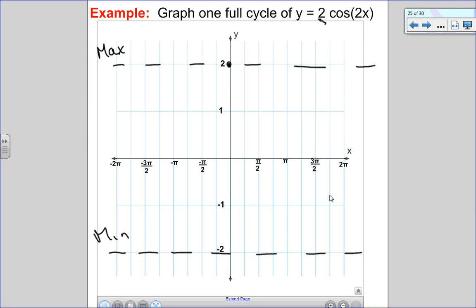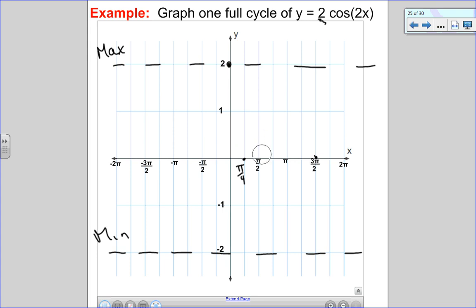Okay, let's think about the x-intercepts. You have to commit these to memory. Normally, the x-intercepts of cosine are at pi over 2 and 3 pi over 2. But I have a b value of 2, which means I horizontally stretch those by a factor of a half. So instead of being at pi over 2, it's going to be half of that distance, which is actually at pi over 4.